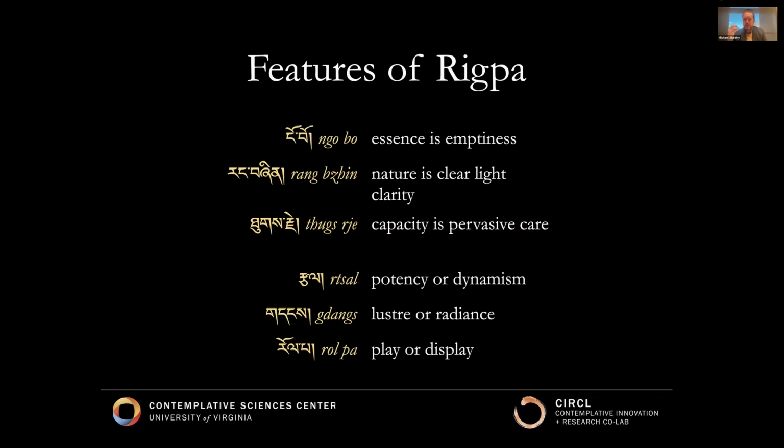And then third, that it is rolpa means that it has play or display. That is to say that it is expressive, that it's not inert or still, but that it is fundamentally expressive and playful.